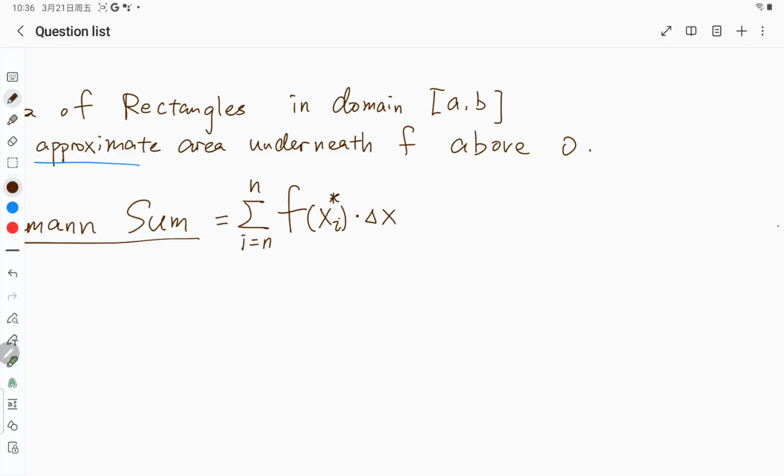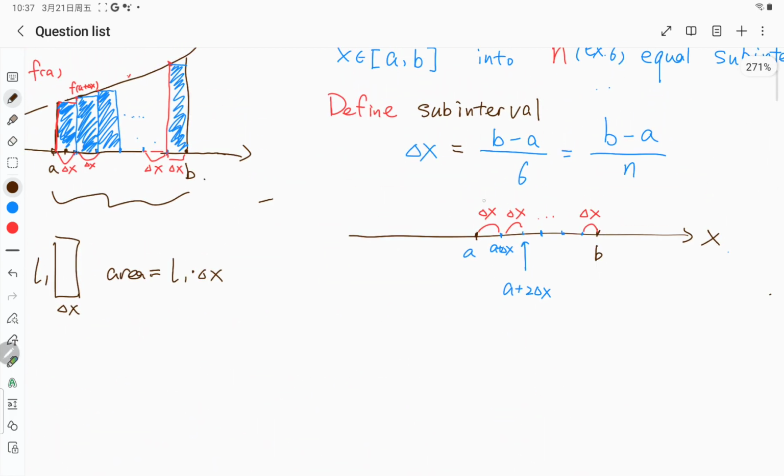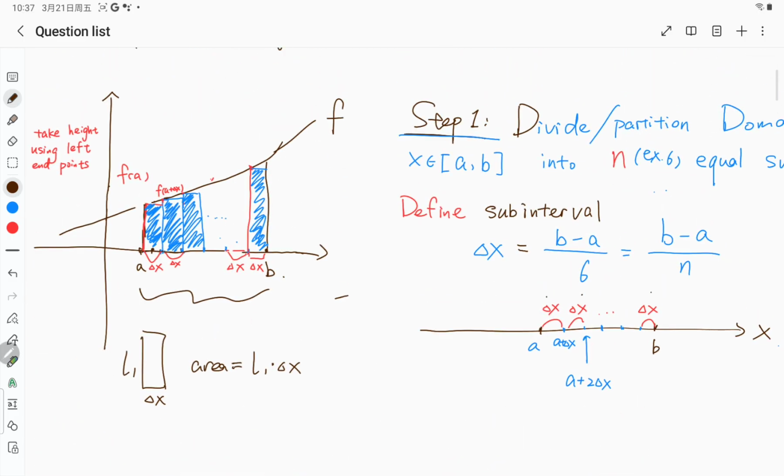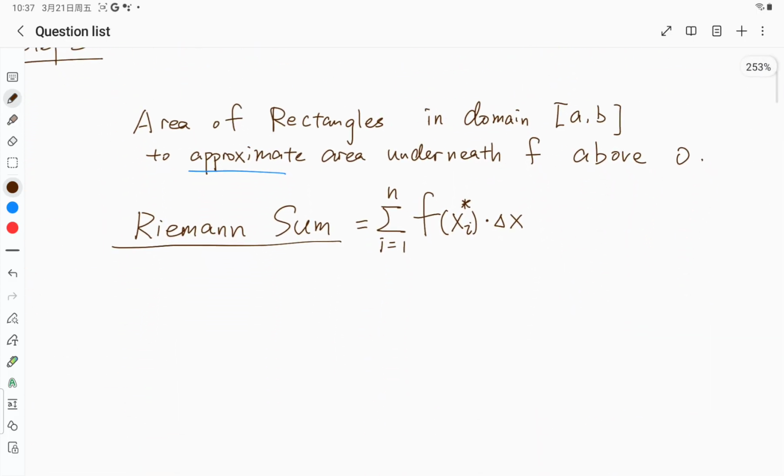These 1 to n are the number of subintervals, like how many of these little delta x we need in order to construct the rectangles. So i from 1 to n is just the number of rectangles that we draw here. You can actually count them, because the actual problem will give you n, just a small number like 4 or 5, so don't be scared of it. And this is actually just our Riemann sum. The Riemann sum is just this, right?